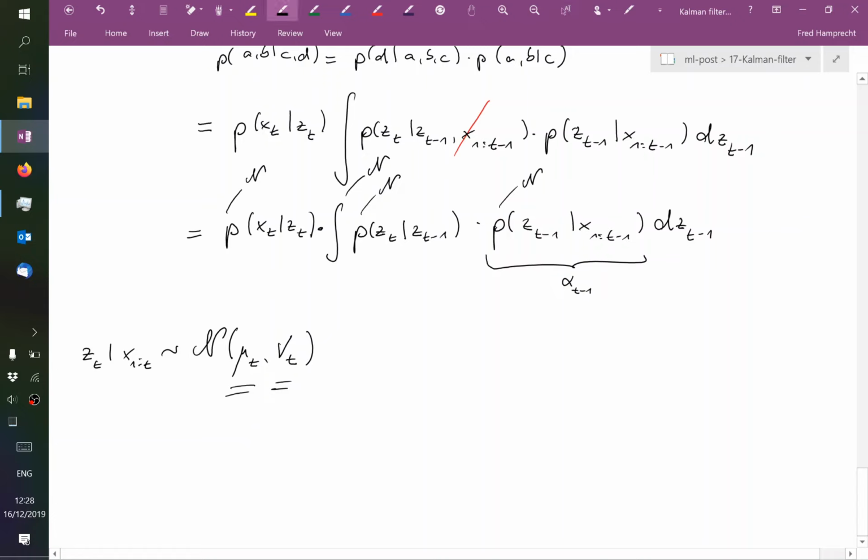Now, let's say, assuming that we had already solved this part of the problem, then this normal distribution here describes the distribution of zt given all previous measurements.